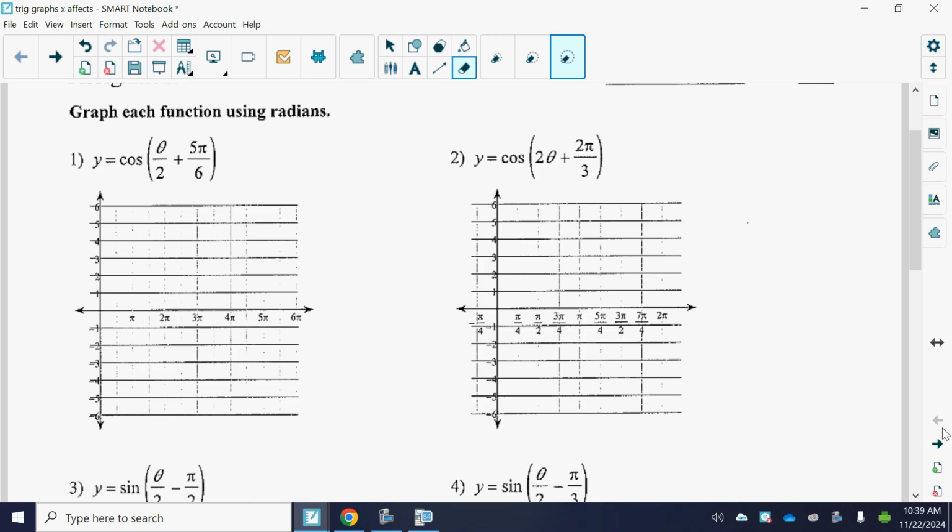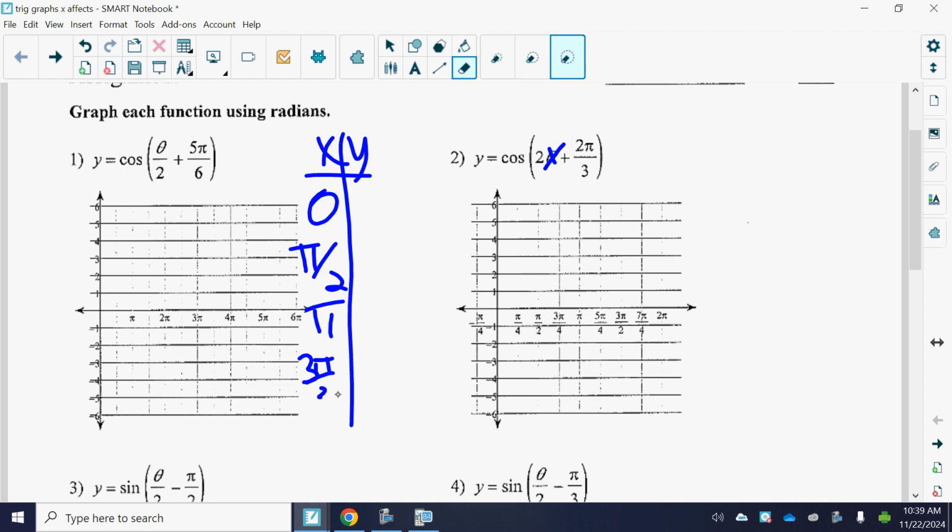Number 2 begins and ends with what, Martinez? Excellent. The cosine model. Who is the cosine model? Excellent.